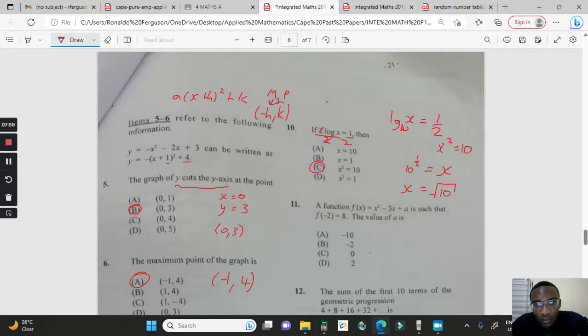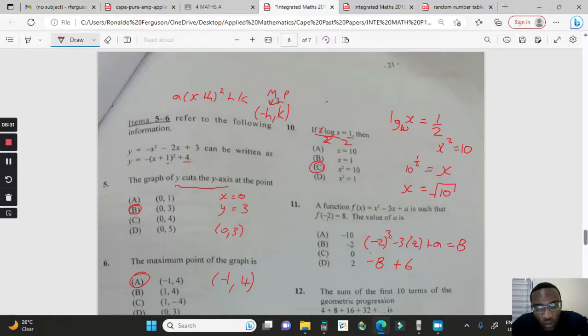C. It says a function f of x is this, and we need to find the value of a. That means when you plug in x is negative 2, the y value is 8. So negative 2 cubed minus 3 times negative 2 plus a, y value is 8.